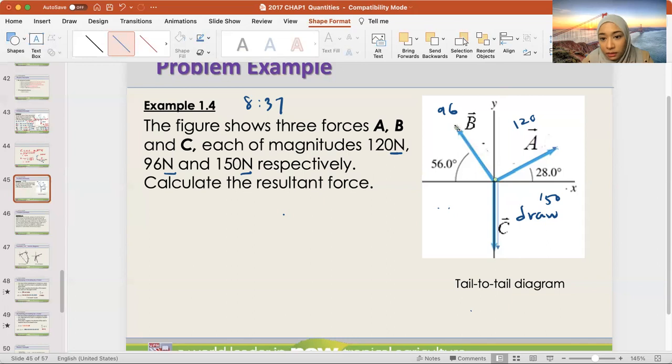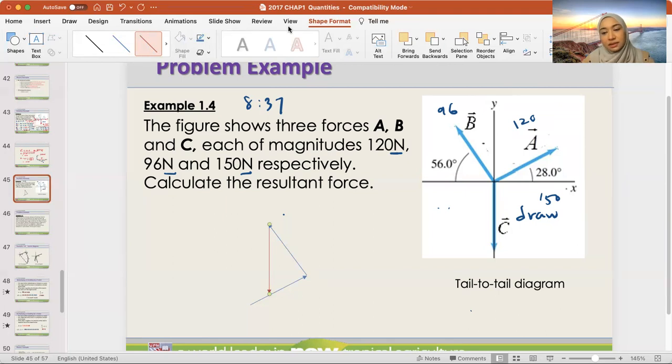Roughly, but in the exam don't do it roughly. We're doing this because we only have 2 minutes left. Okay, so A add with B, tip to tail. This is my A, this is my B, and then my C is here. Our final resultant should go from the initial point to the end point.